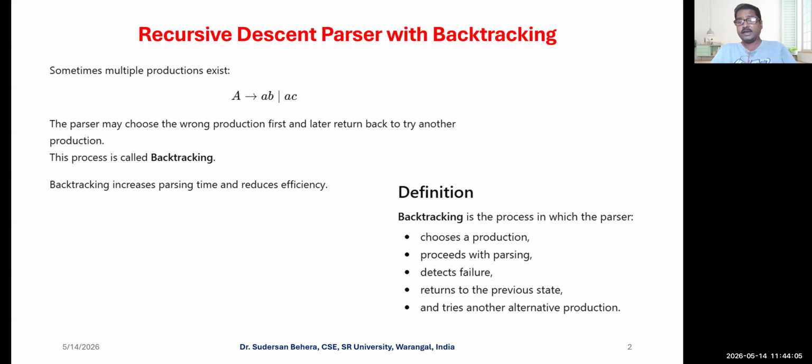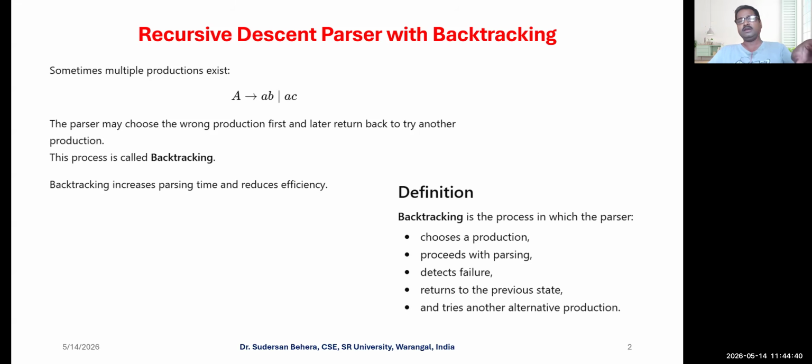In order to generate the string, the parser keeps on attempting until it gets the target string or the desired string. Sometimes in the derivation process, while producing the string, the parser may choose a wrong production because A has two productions here.